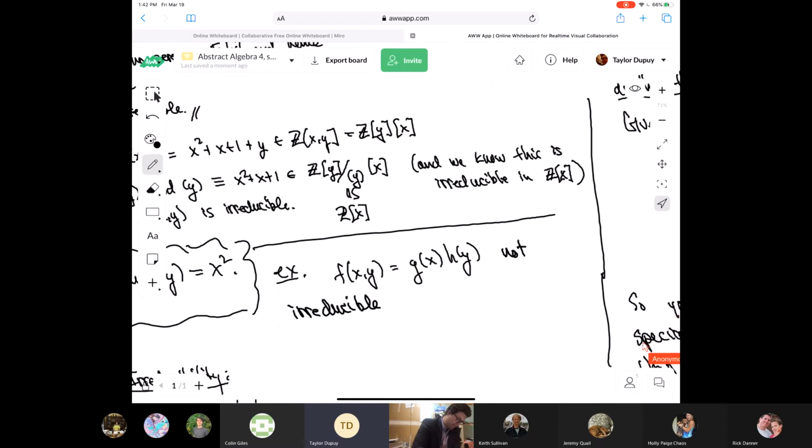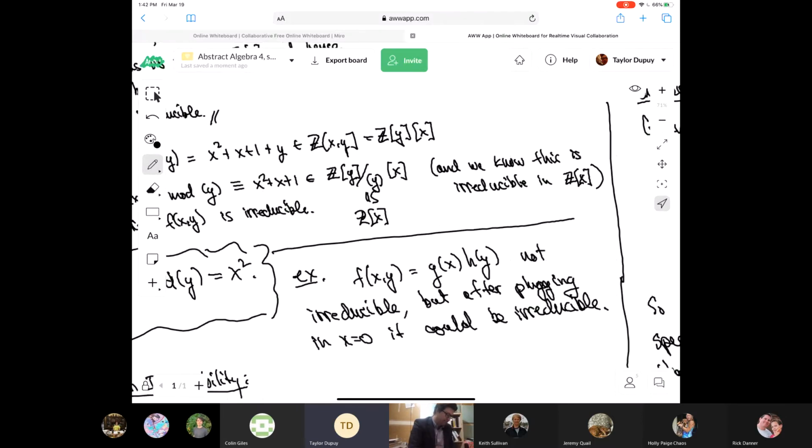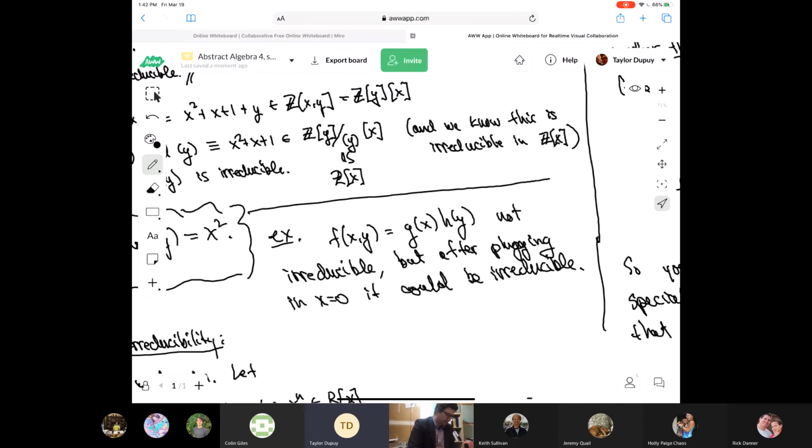But after plugging in x equal to 0, it could be irreducible. That's bad because it kills some degrees.